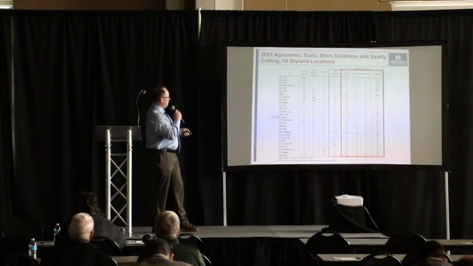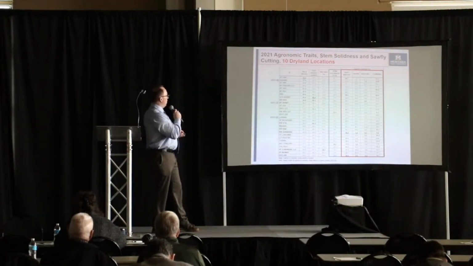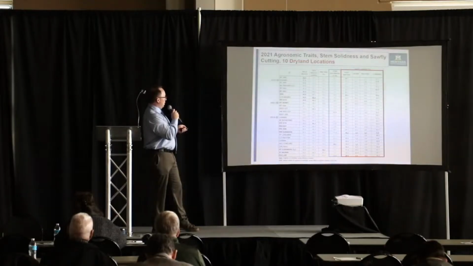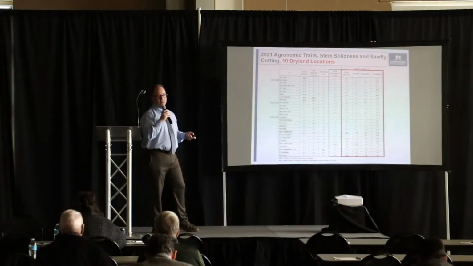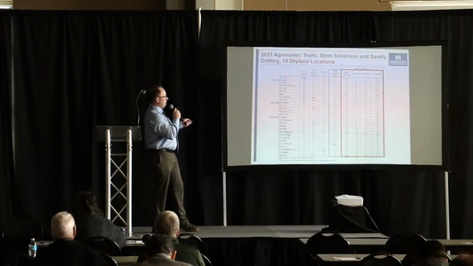Next, I'll just focus on a few of the varieties that have been released by the Montana State Spring Wheat Breeding Program. First is a variety called Lanning. One of the big focuses of the breeding program is to develop varieties that have the yield potential of Vida, which is right here.